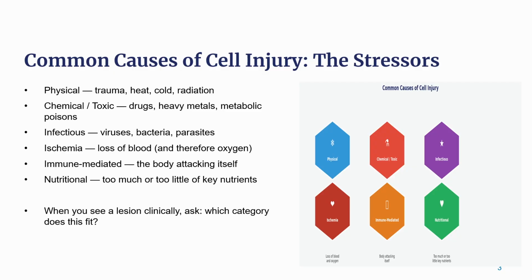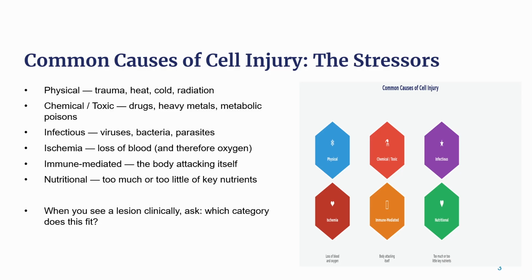Let's run through what actually injures cells. And I want you to think in categories, not lists to memorize. Physical things crush, burn, or freeze cells. Chemicals and toxins interfere with metabolic machinery. Infections hijack or destroy cells directly. Ischemia is huge in pathology.